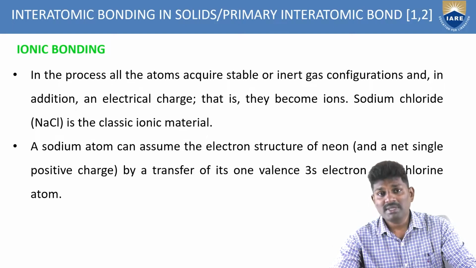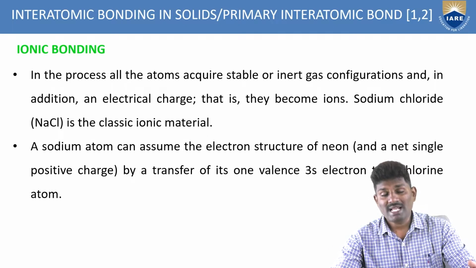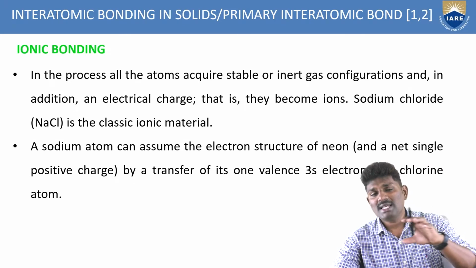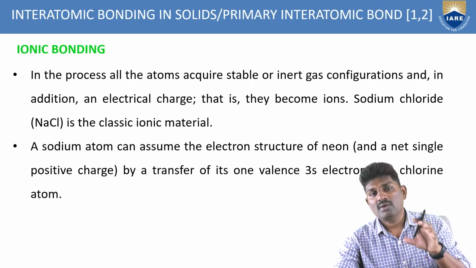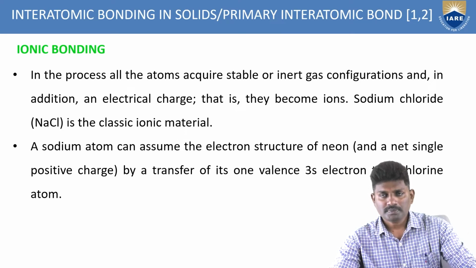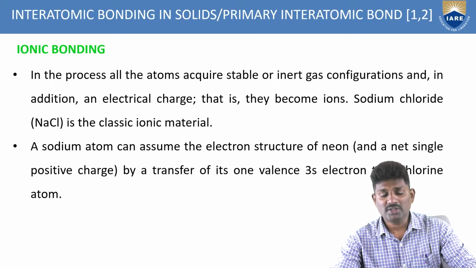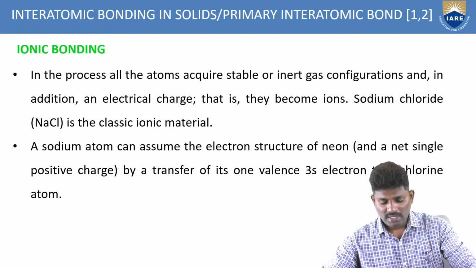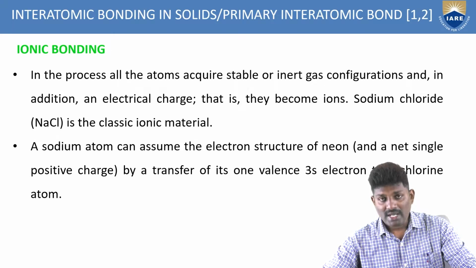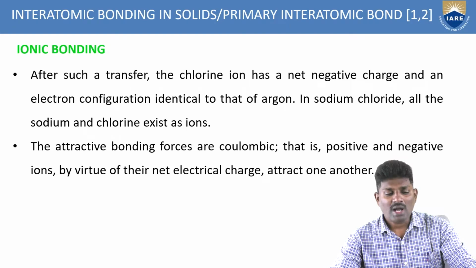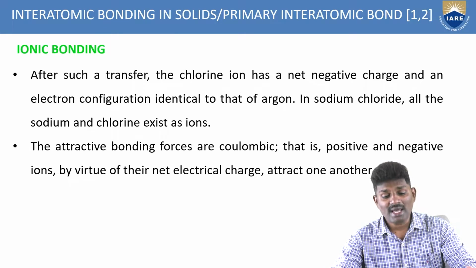A sodium atom can assume the electron structure of neon by transferring one of its valence electrons to the chlorine. Now after such a transfer, the chlorine ion has a negative charge and the electron configuration identical to that of argon.